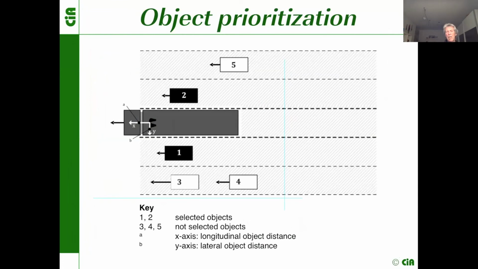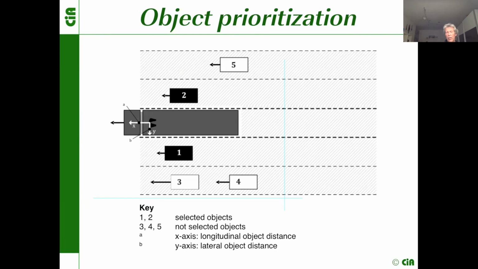We can't detect all the objects, so we need to prioritize them. Here you see that automatically the smart sensors will detect, for example, these 5 different objects. Normally these will be some cars, some bicycles, or whatever it is, and then they should inform the towing vehicle about that.